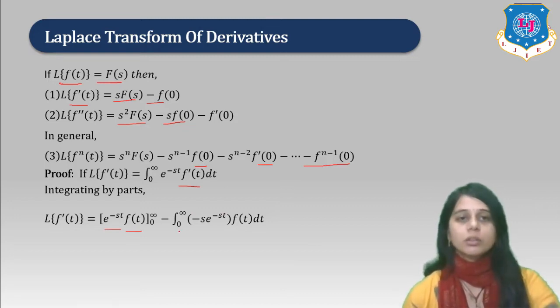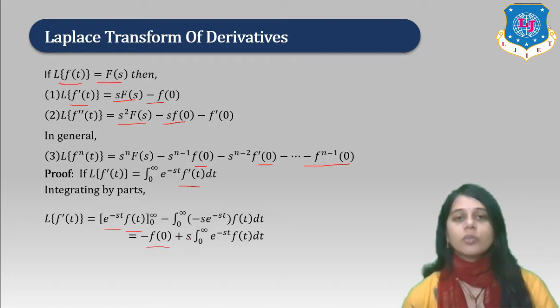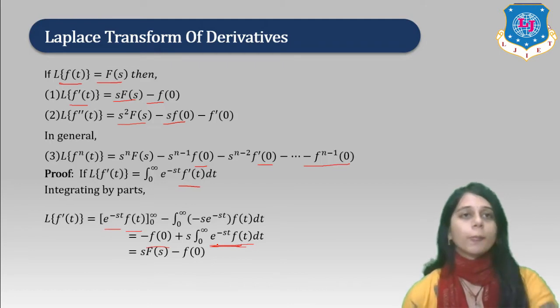Putting in the limit in the first part, we get minus f(0), and for the second part s times the integral from 0 to infinity of e^(-st) f(t) dt, and this is the definition of the Laplace transform. So we write sF(s) minus f(0).